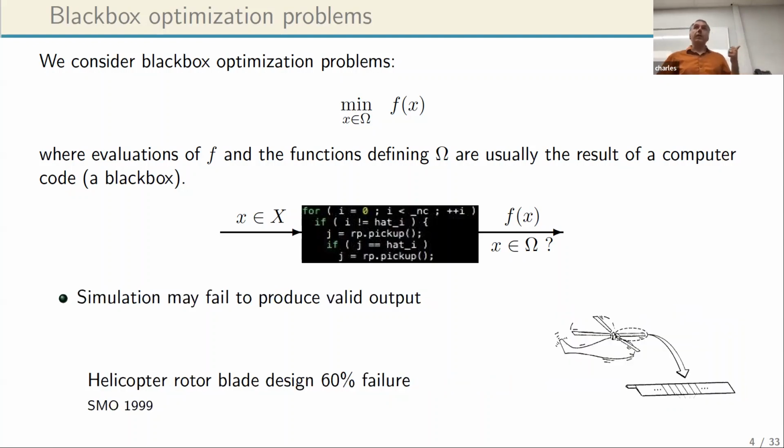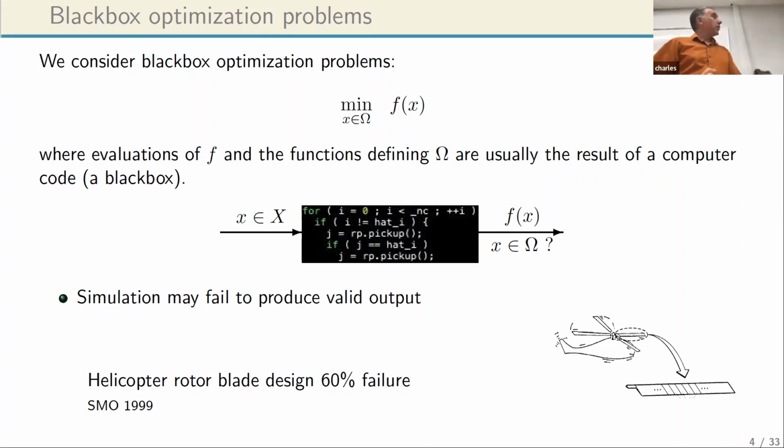So time is consuming. Another problem is that the simulation does not always work. So you give it an x, it crunches numbers, and then it crashes. It returns an error. And you don't know what error. It's error number 42, and you lost the manual that says what error 42 means.